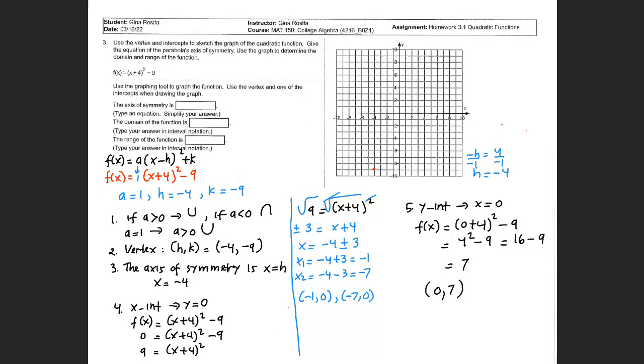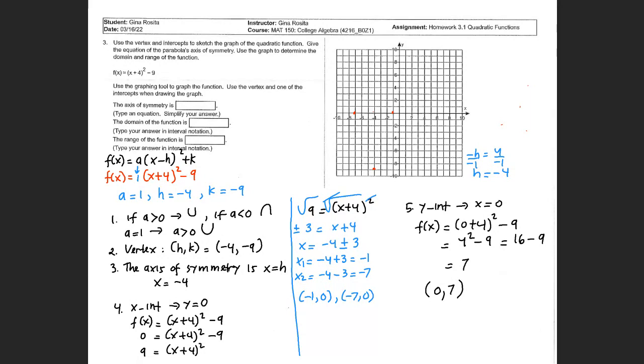So what next? Look at the x-intercepts. The points are negative 1, 0 and negative 7, 0. Negative 1, 0 over here. Another one is negative 7, 0. The red one. Look at the y-intercept.